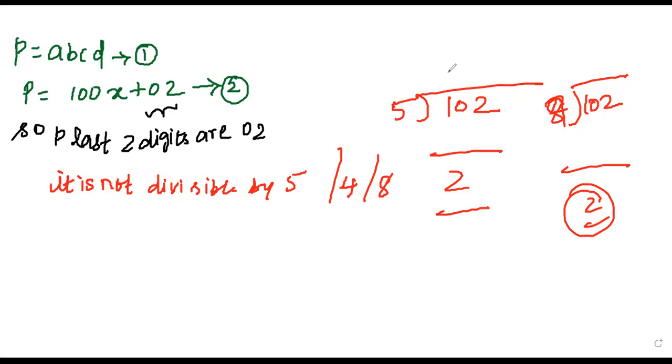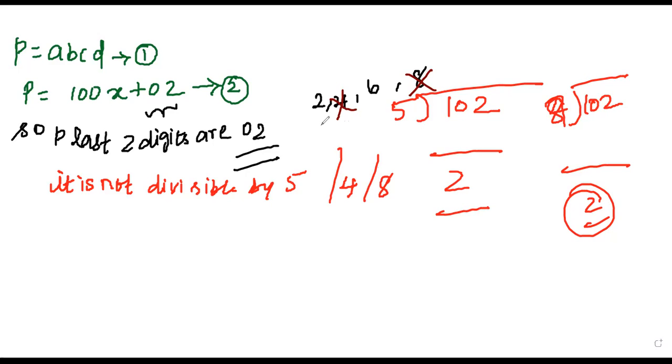Since the last two digits of P end with 02, P is going to be even. So what are the even options you have? You do have 2, 4, 6, 8. We already knew 4 and 8 are not possible.